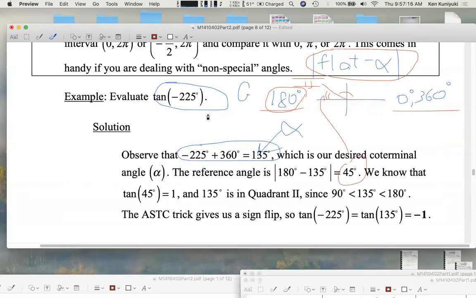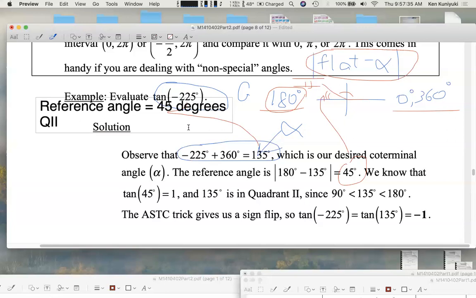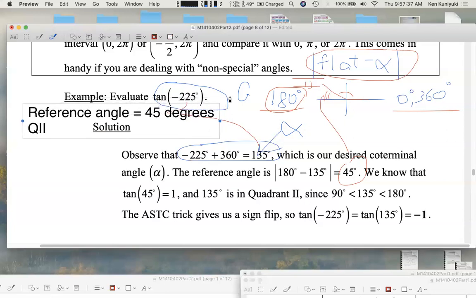So at this point, I know the key information for both this angle and this angle. I know that the reference angle is going to be 45 degrees, and I know that we're in quadrant 2. That's true for both the negative 225 degree angle and the 135 degree angle. Now we're down to 45 degrees.